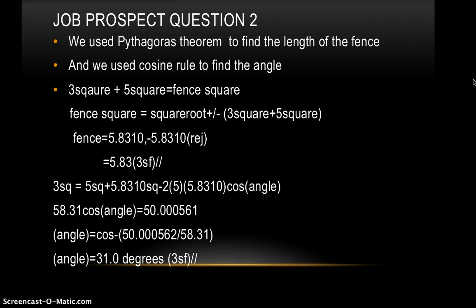So we have to bring the negative 2 bracket 5 bracket 5.8310 cos angle over, and you have to expand the other side also, so you will get 58.31 cosine angle equals 50.000561. To find the angle, you have to bring the cosine over and make it inverse cosine. So the final answer will be 31.0 degrees, which is to 3 SF.